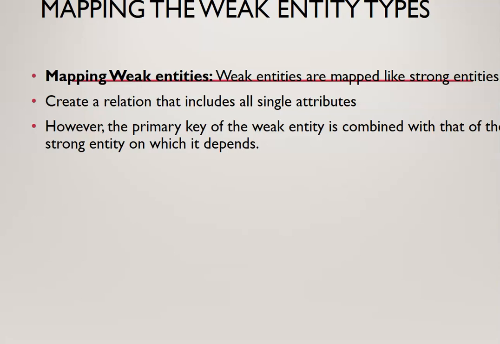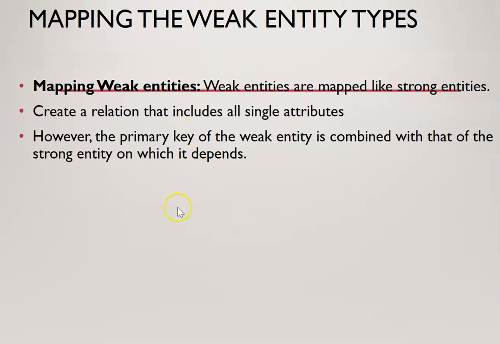Then we look at a weak entity. Remember, we said that a weak entity is an entity whose existence in the database depends on the existence of another entity. Usually in the ER, it's represented as a dotted line.